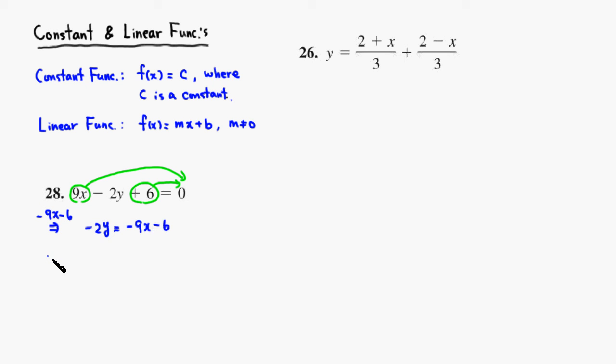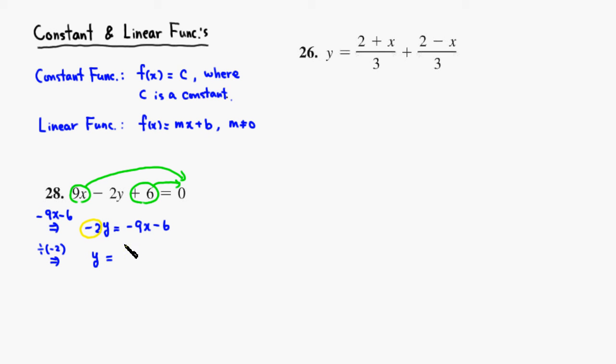Then, since we would like to get rid of negative 2, we divide through by negative 2, so that we will end up with just y on the left, equal to negative 9 divided by negative 2.